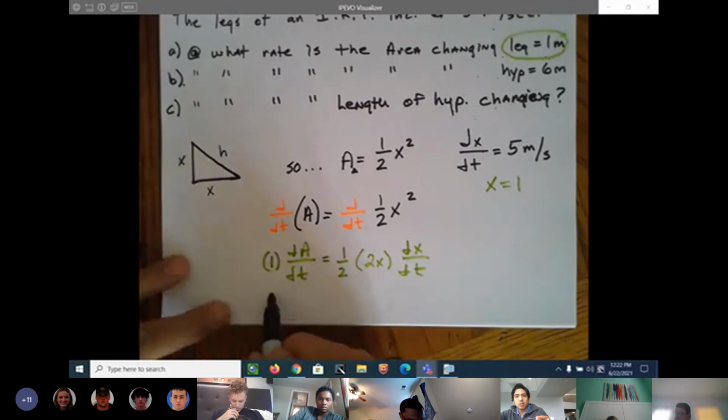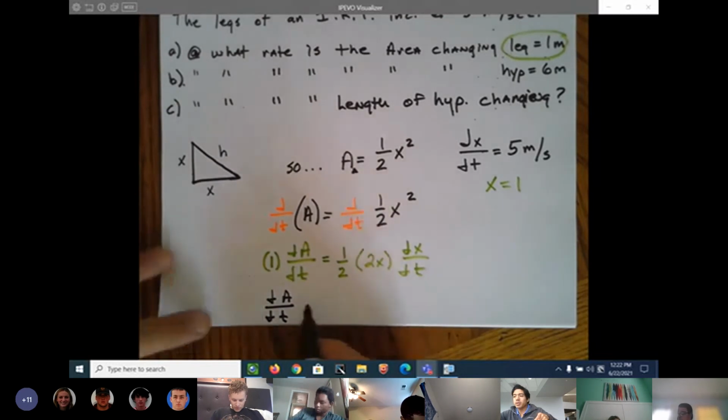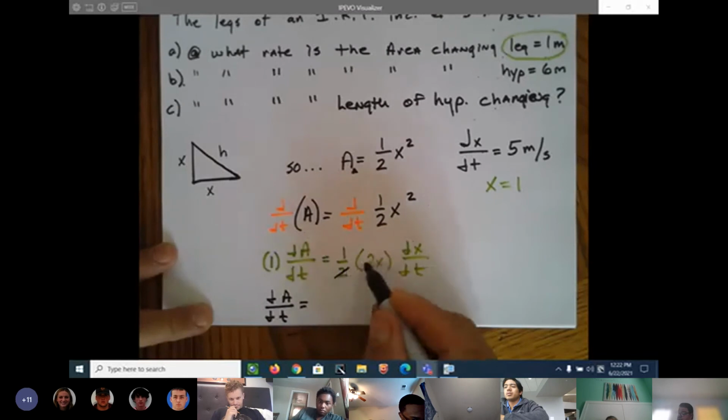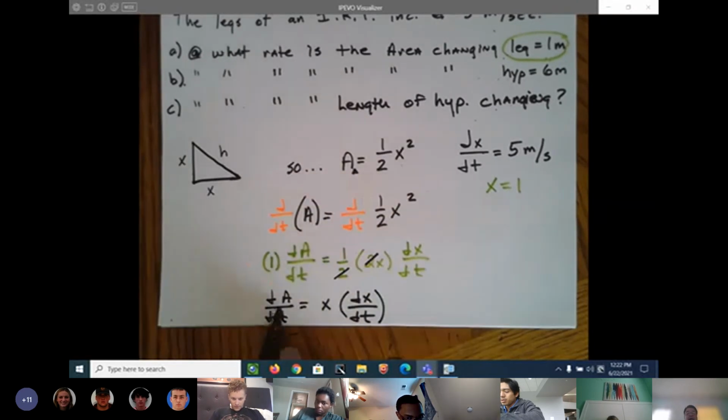So dA dt, the change in area with respect to time, is equal to, the 2's cancel, leaves you with x times dx dt.